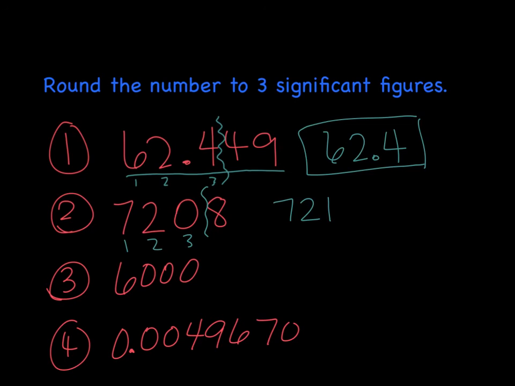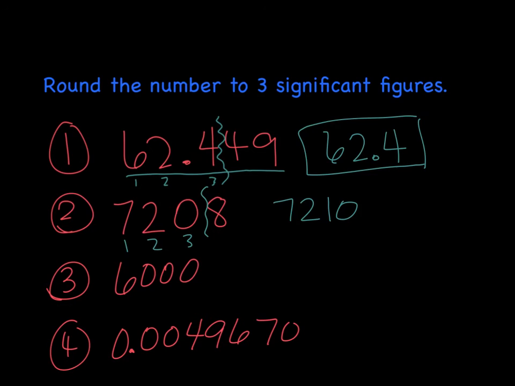Now I can't just say 721 because that's not equal to 7,200, right? It's nowhere close to it. We can't change how big the number is. We can just round it. And so I have to put a 0 there. Is that 0 significant written this way? No, because there's no decimal place, and trailing zeros are not significant if there's no decimal, right?